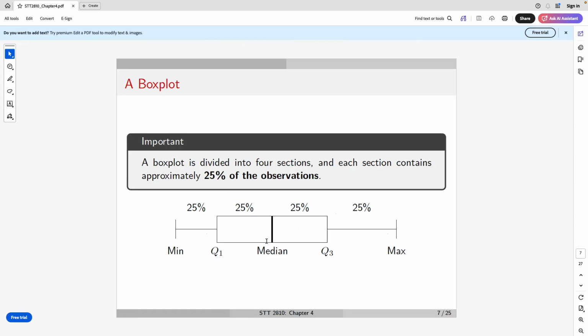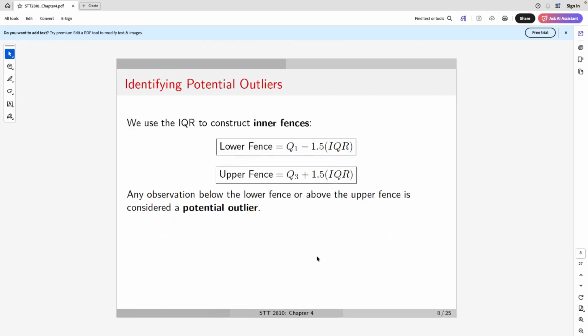The middle here is the median, this is Q1, this is Q3. And sometimes, how do we get outliers? It usually uses a rule, and this is the rule. Whenever an observation is lower than this, it is a lower outlier. Whenever an observation is greater than this fence, it's classified as an upper outlier.